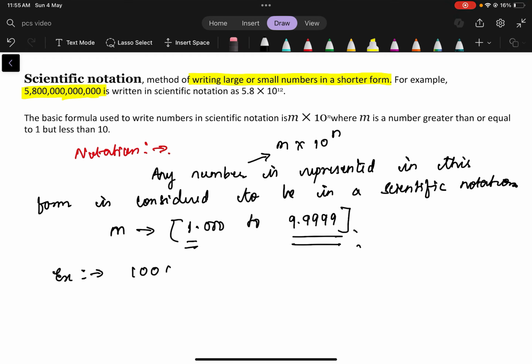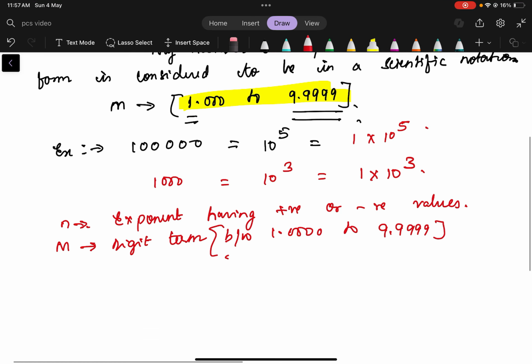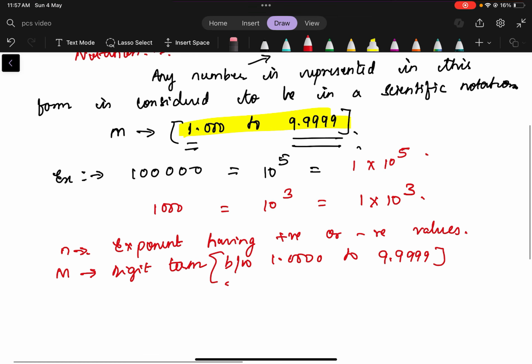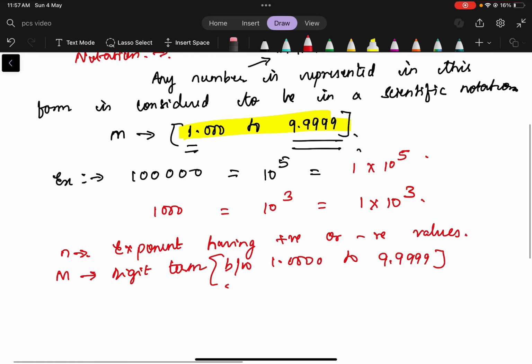And m is the digit term which is between 1.000 to 9.999. So this is the exponential notation, in which any number can be represented in the form of m into 10 raised to power n. This is called scientific notation.